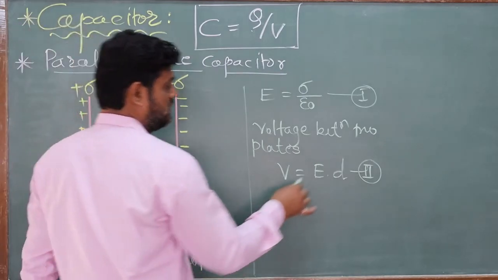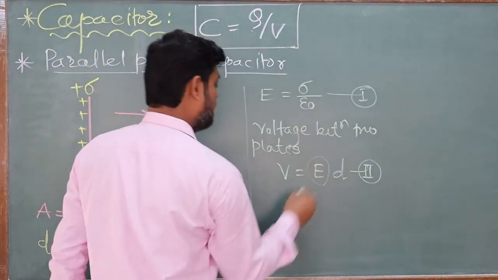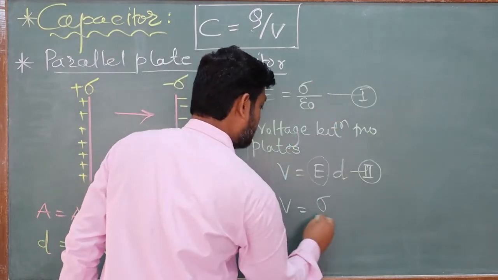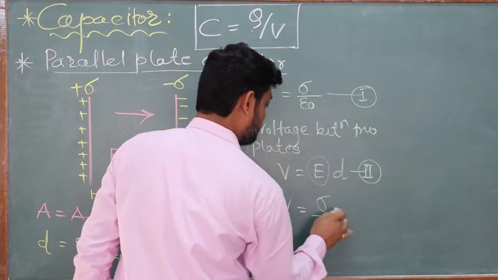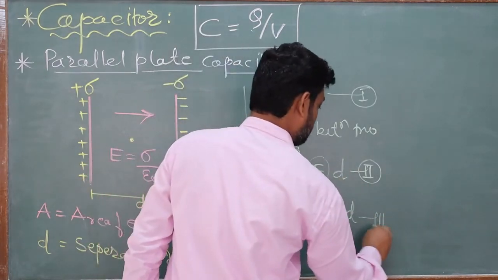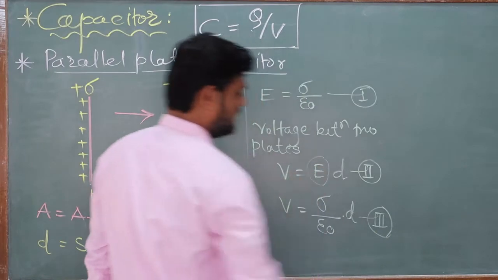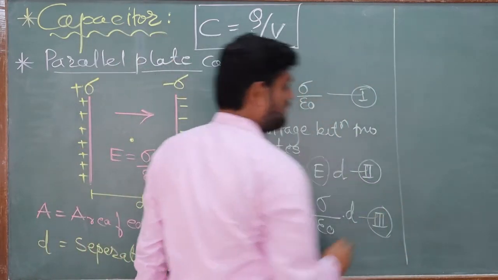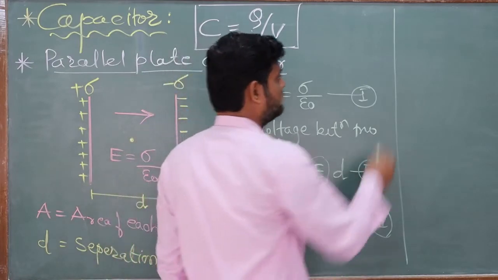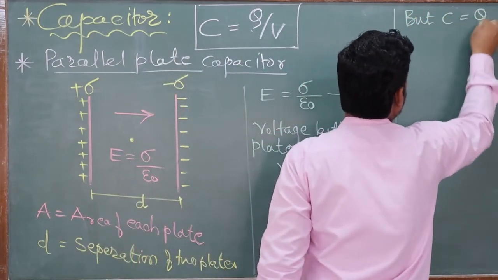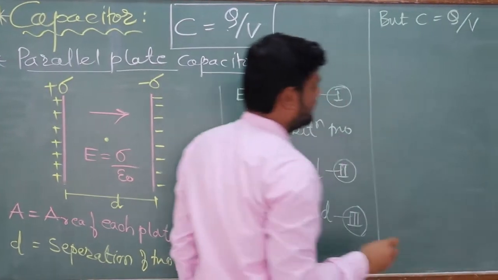We know the equation of E, so put the value of E over here. V equals sigma divided by epsilon 0 into d. Equation number 3.